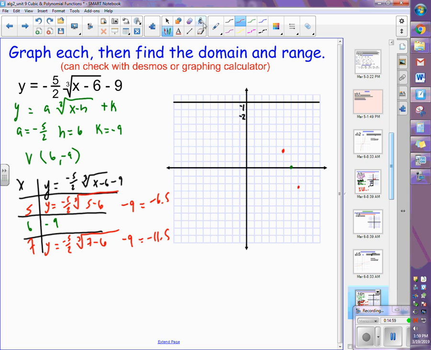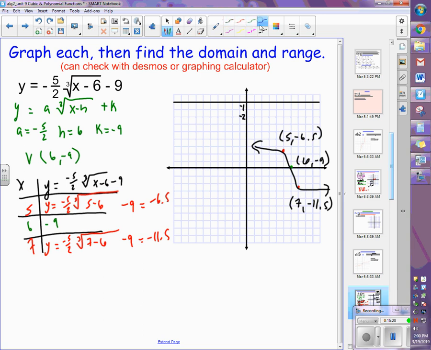And make it your best S curve possible. And label. So (5, -6.5), (6, -9), (7, -11.5). And there's our graph.